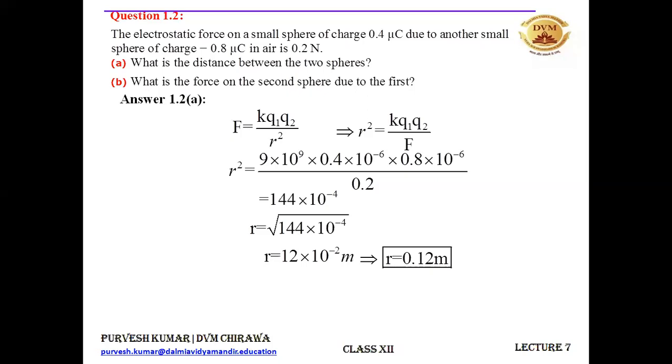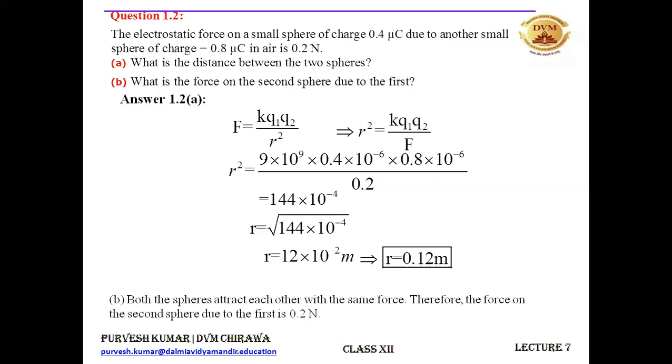So the force remains the same, that is 0.2 Newton. Both the spheres attract each other with the same force. Therefore, the force on the second sphere due to the first one is 0.2 Newton. All right.